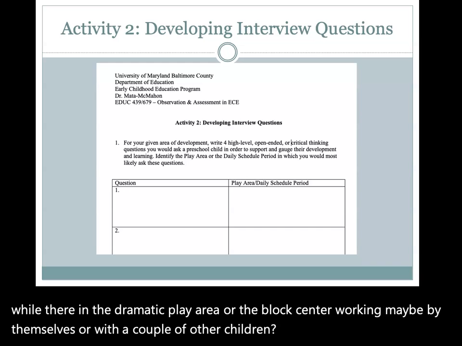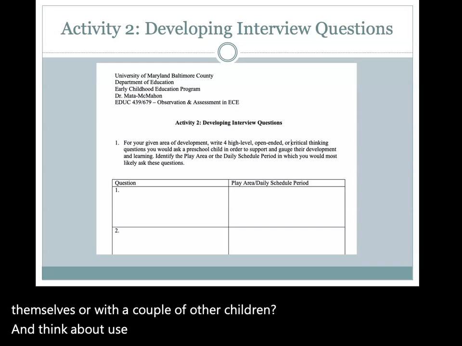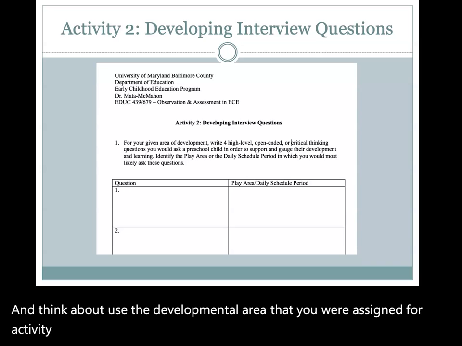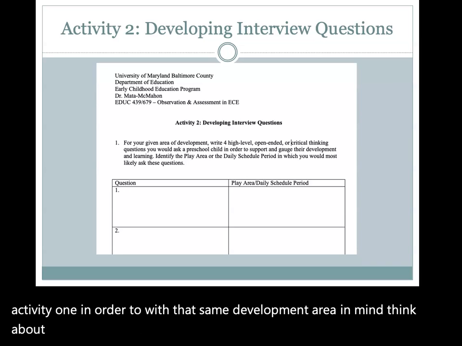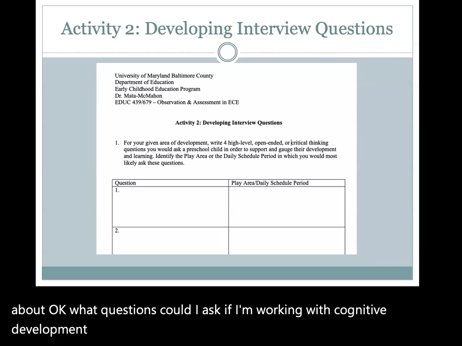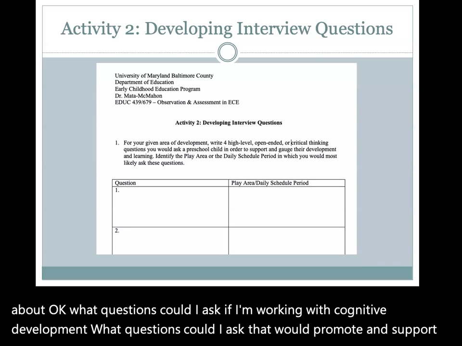And use the developmental area that you were assigned for activity 1. With that same developmental area in mind, think about, okay, what questions could I ask if I'm working with cognitive development? What questions could I ask that would promote and support the cognitive development of the children?